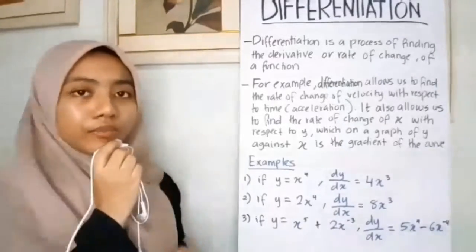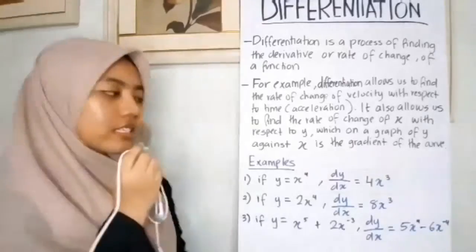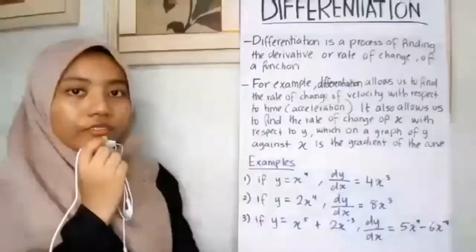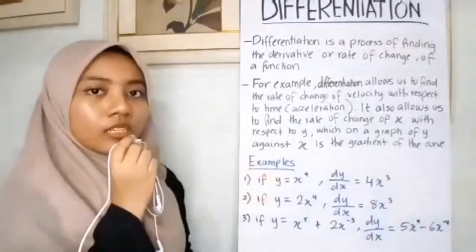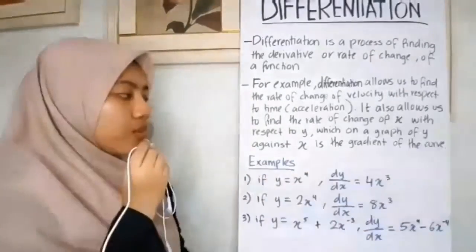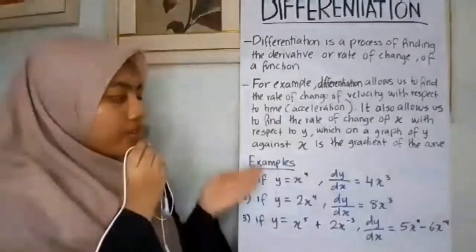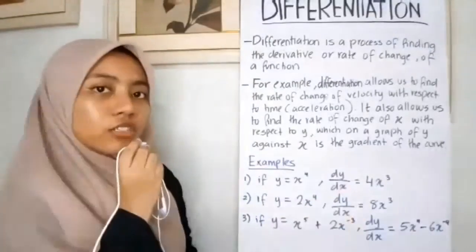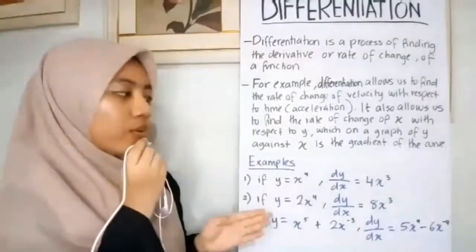Now I will explain how we actually differentiate. We look again at the first example, y equals x to the power of 4. To differentiate, we bring the power to the front, so we get 4x. For the power, we have to minus 1 from it, so we get 3.